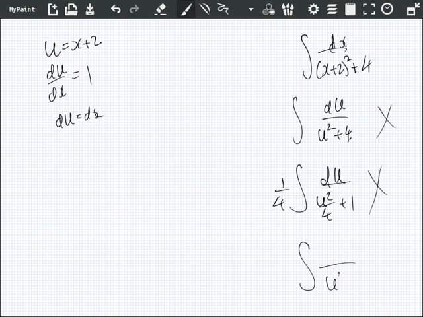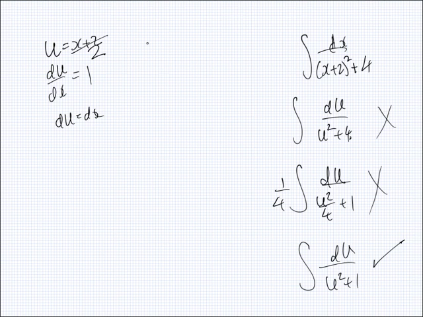I need to get u squared plus 1. So if I divide this by 2, then I can get it to change into u squared plus 1. It can work. I need to divide by 2, so I can get rid of the 4 here. Now this will be a half. That means dx equals 2 du instead.